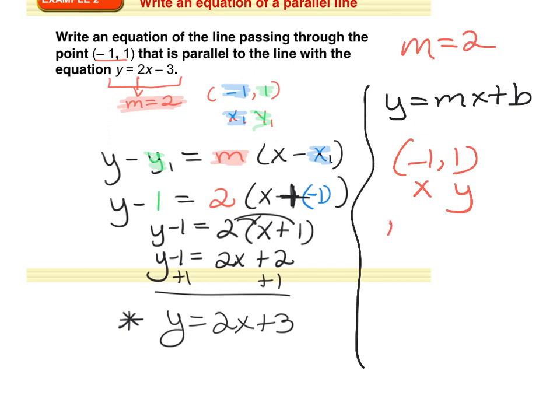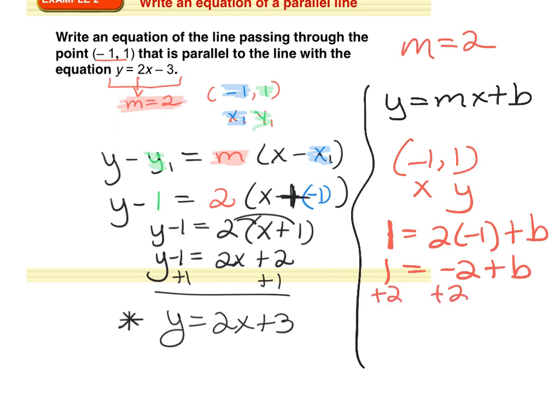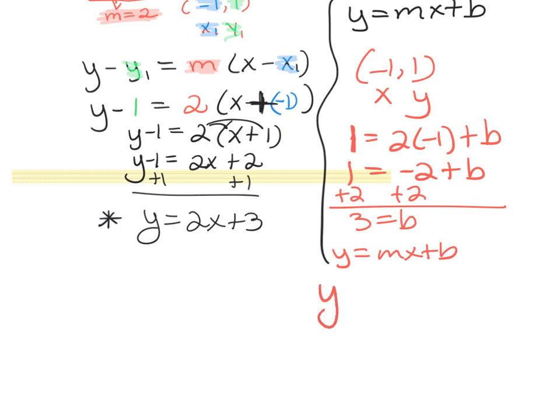So I would put 1 equals 2 times -1 plus b, and I'm solving for b. So 1 equals -2 plus b. Add the 2. 3 equals b. Now that I have the b, I go back, use this form again, and plug it all in. So y equals, the slope is 2, and the b I just calculated, 3. Notice I got the same answer either way.